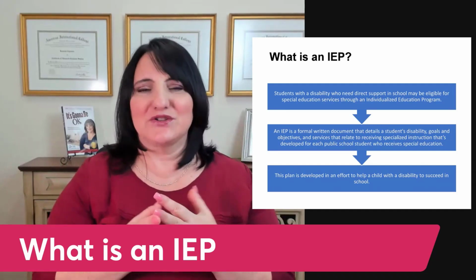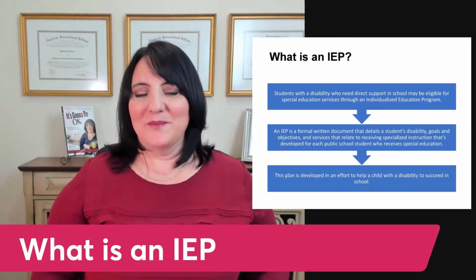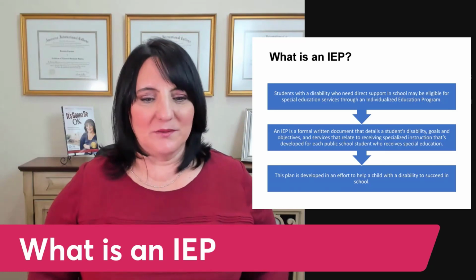I recently talked to a mom, and it was a personal conversation, not somebody coming to me as a client. She was telling me how much money she had spent on pursuing an IEP for her kids, who happen to be intellectually gifted and didn't qualify for anything, even though they have dyslexia.